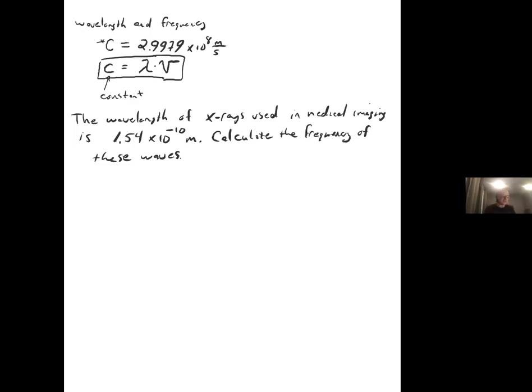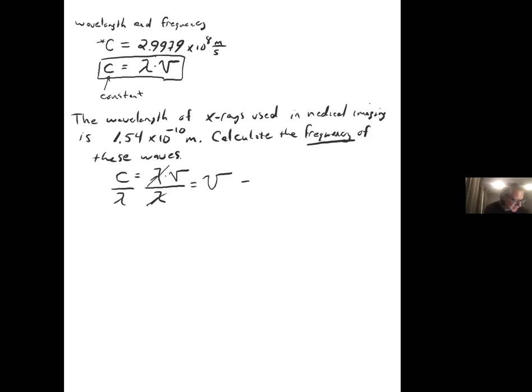C equals lambda times nu. So if we want to know what the frequency is, we take our little equation here, C equals lambda times nu, and we divide both sides by lambda, right? Because if you divide both sides by lambda, now you just have frequency on the right side.